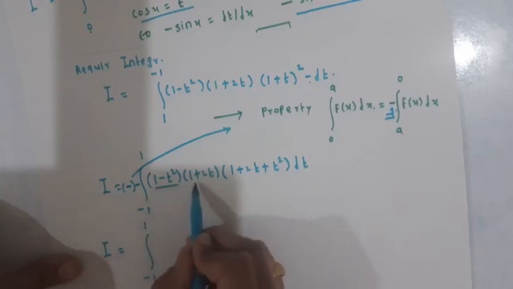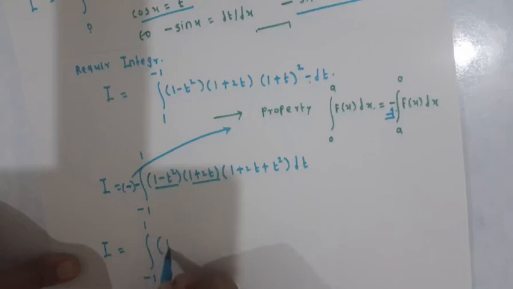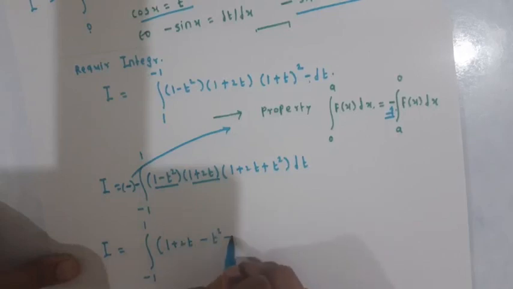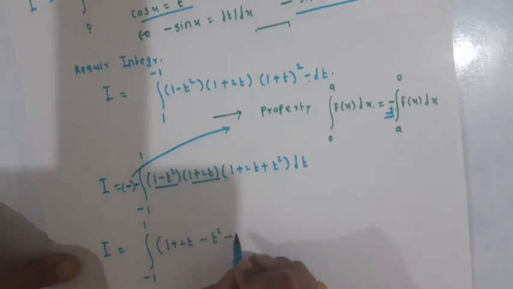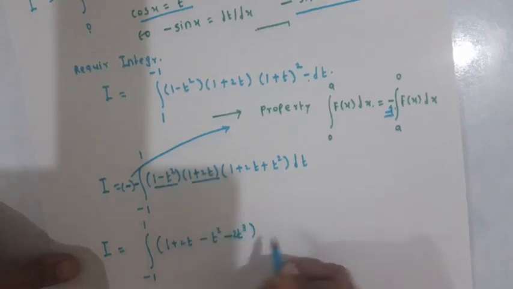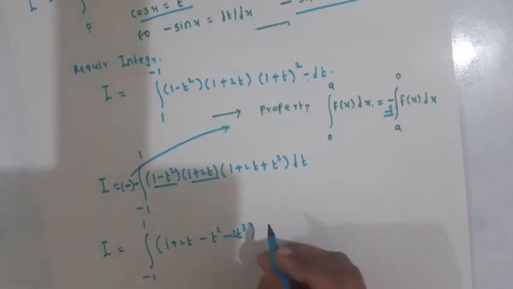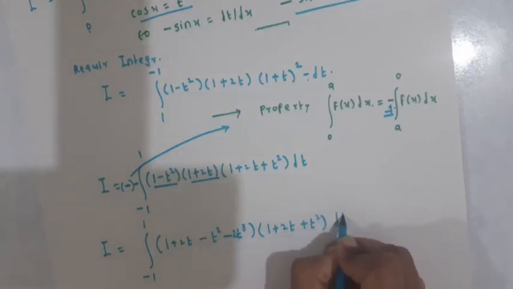So let us solve the first two brackets. 1 into 1, that is 1, 1 into 2t plus 2t, minus t square, minus 2 into 2t into t square, minus 2t raised to 3, and now into 1 plus 2t plus t square with respect to t.